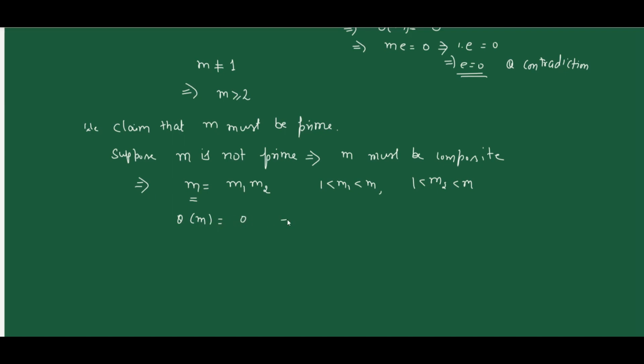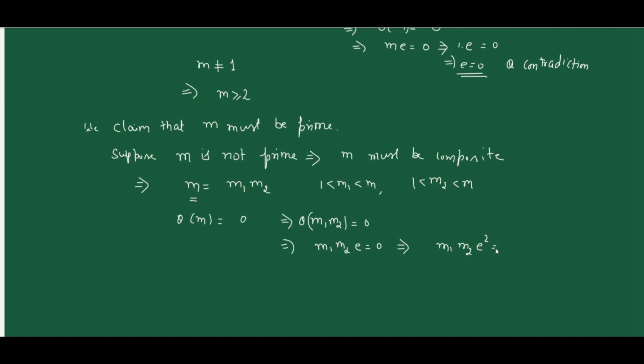0, and this implies theta of m1 m2 is 0. The image of m1 m2 under theta is m1 m2 e, which is 0, and again rewrite this as m1 m2 e square.